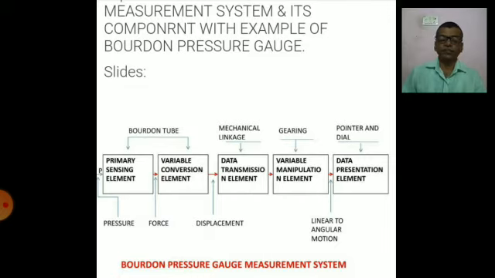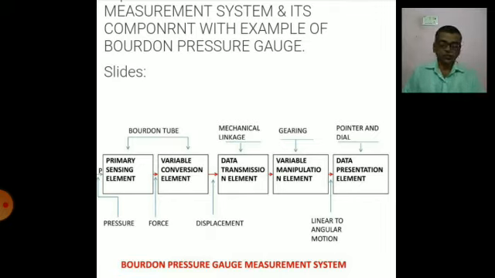The whole operation of a measuring instrument can be described in terms of functional elements. The generalized measurement system includes the various functional elements in that system.